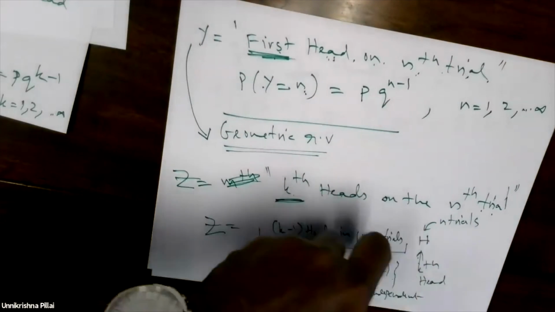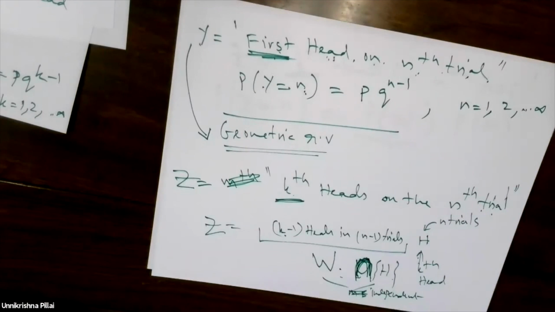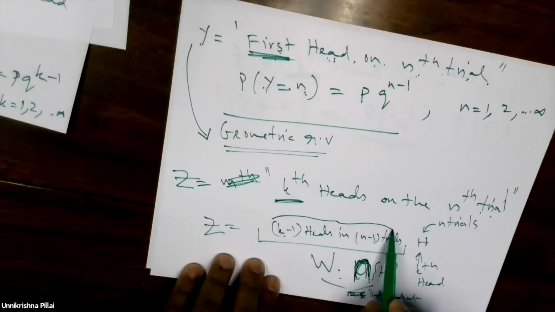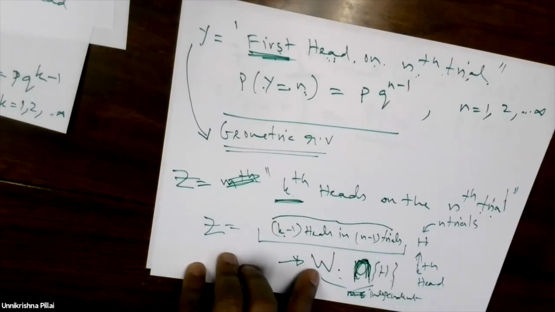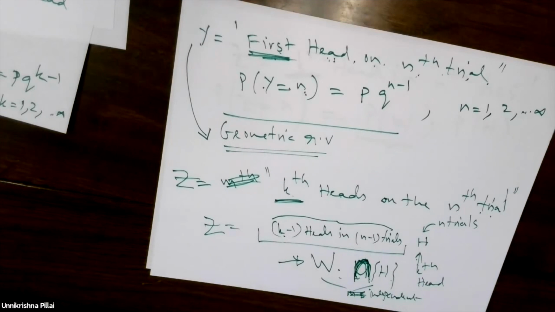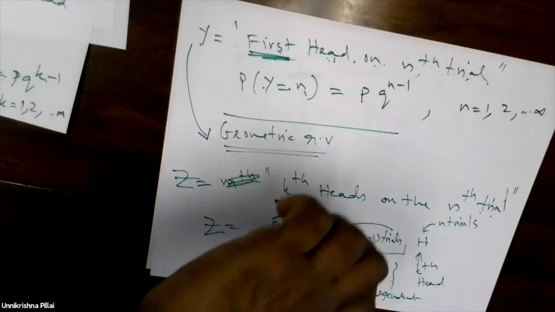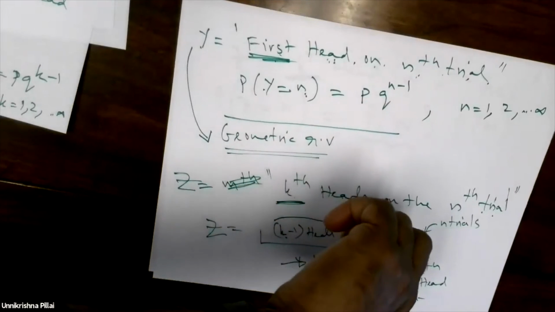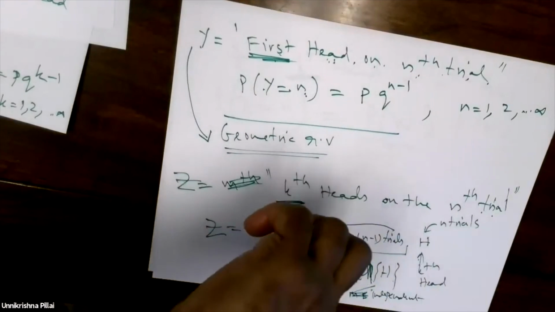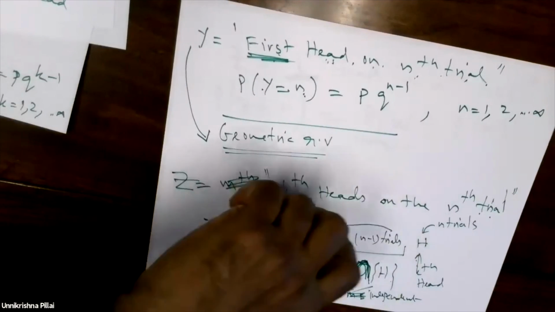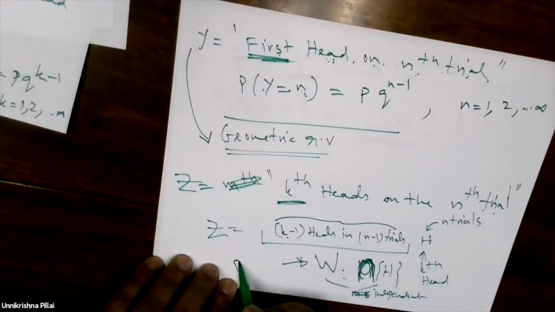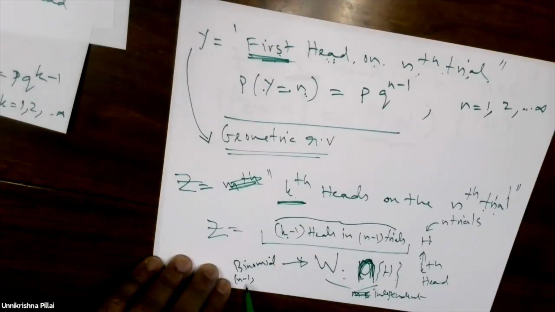You just need K minus 1 heads in n minus 1 trials. We have studied this random variable. Anybody can tell me what is the nature of the random variable W? We just studied it. Binomial. Exactly. That's a binomial random variable, because here we don't need heads in any order. We just need K minus 1 successes. So this is a binomial random variable with the parameters n minus 1 and p.